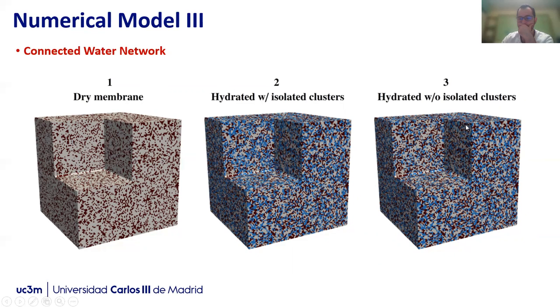And as a final step, we only keep all those sites that are connected from one side to the other. So the water has to be connected through the membrane material. This is an assumption that there are no isolated clusters of water in our material.